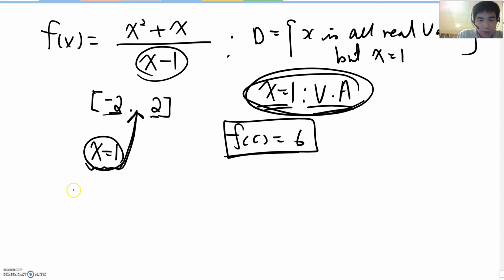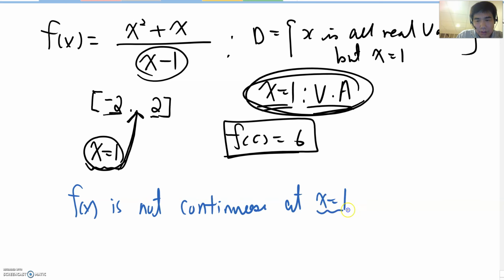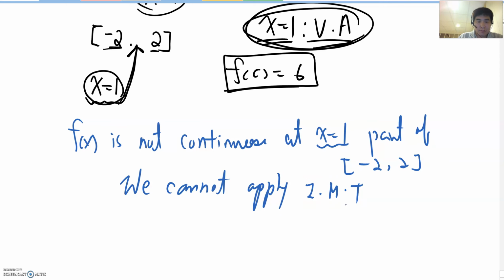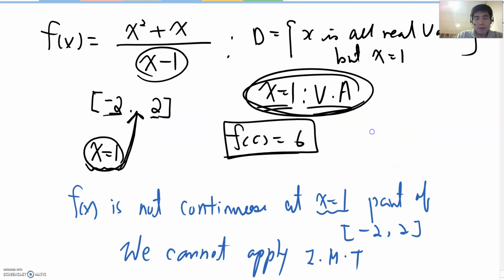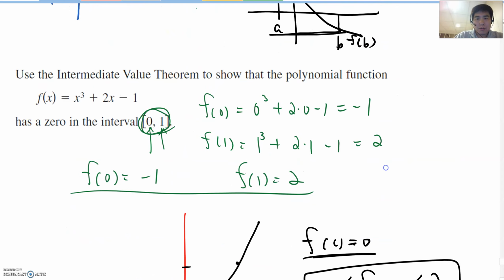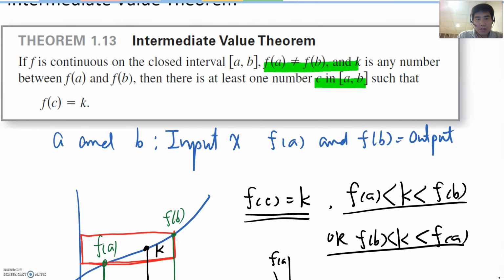So we can conclude that f(x) is not continuous at x equal to 1, and this is part of the closed interval [-2, 2]. Therefore, we cannot apply the intermediate value theorem. Okay? Make sense?